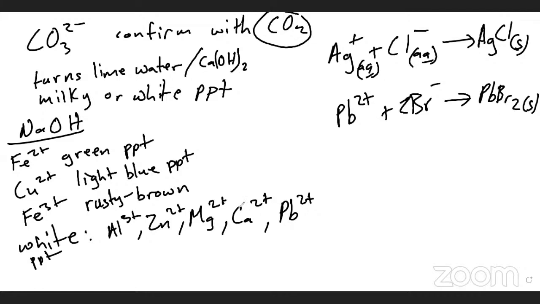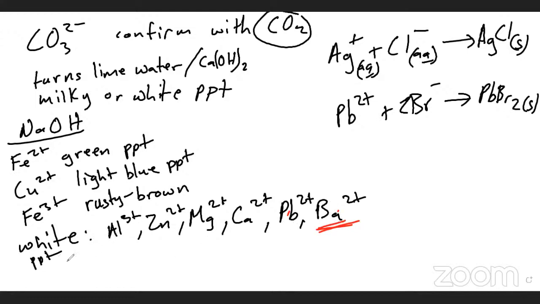Chromium is a transition metal, so it would have a color. Barium is a white one as well. Double check barium, though I'm certain of these other ones.